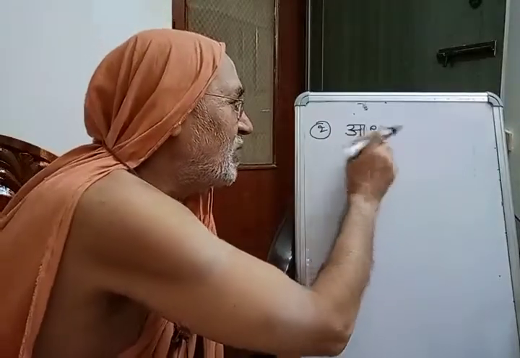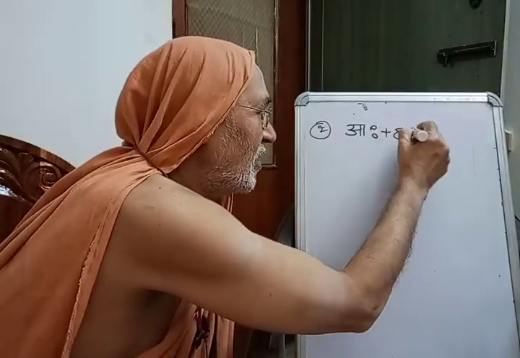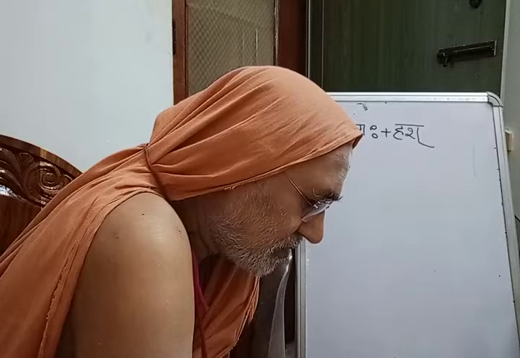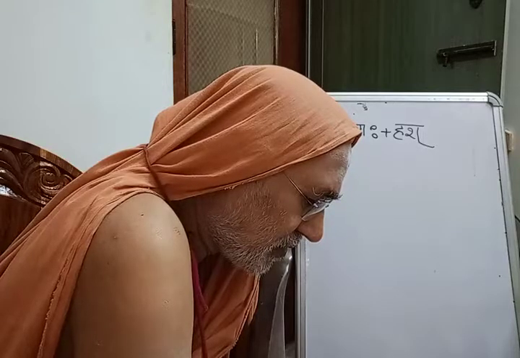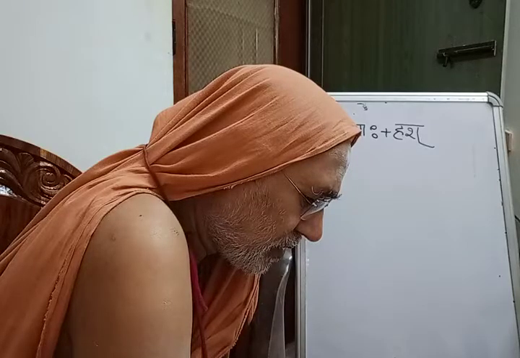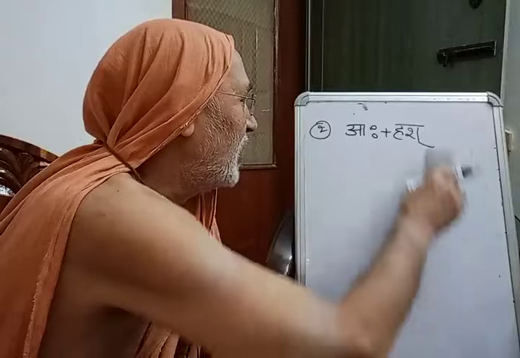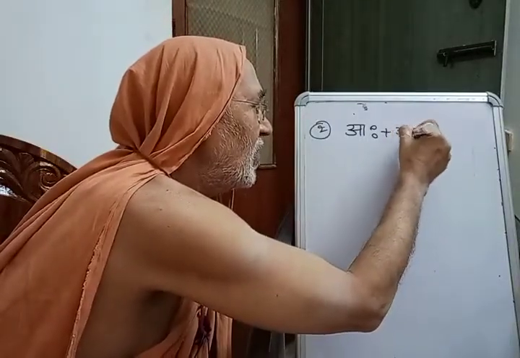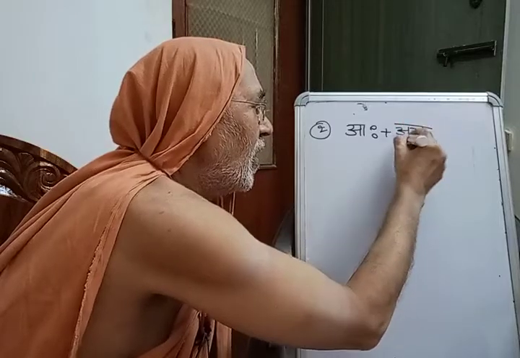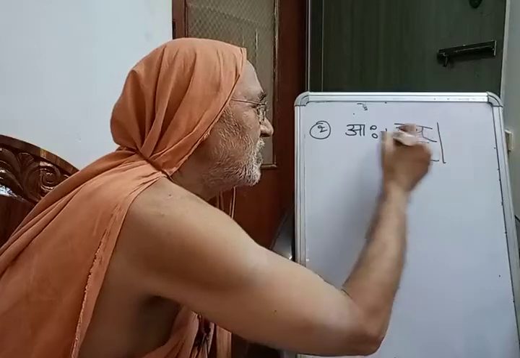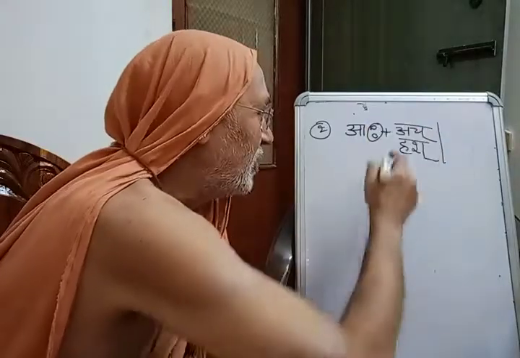So Visarga preceded by A and followed by a soft consonant, or followed by a vowel also. What happens? This gets dropped.